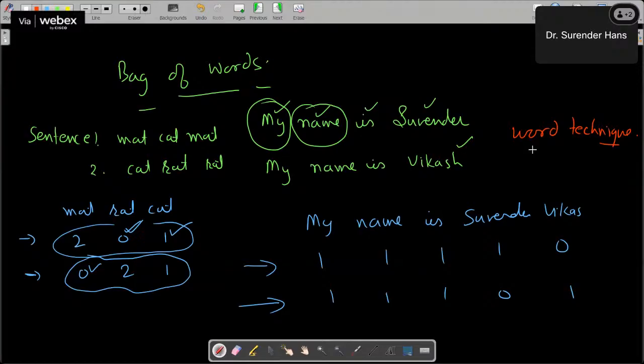All existing techniques means one hot encoding and bag of words. So, word embedding.